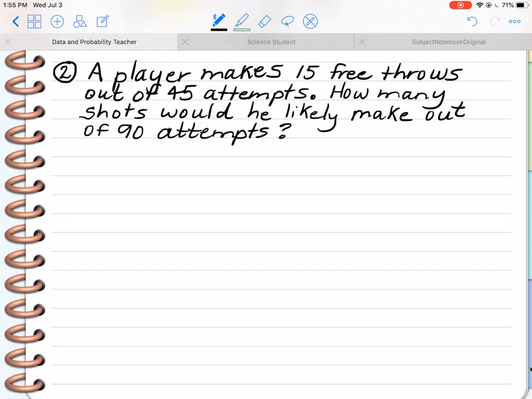So let's do the probability first. So this is the probability of making the shot. And they've already given us this. We don't have to find it. We just have to recognize it. So making the shot would be 15 out of 45 attempts.